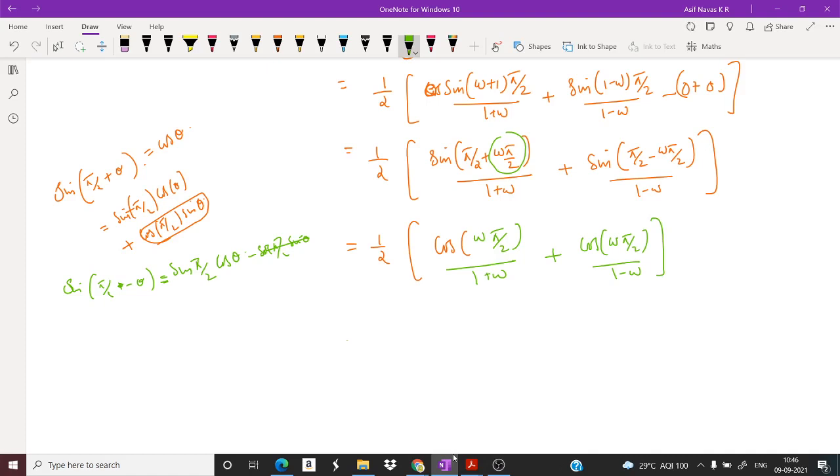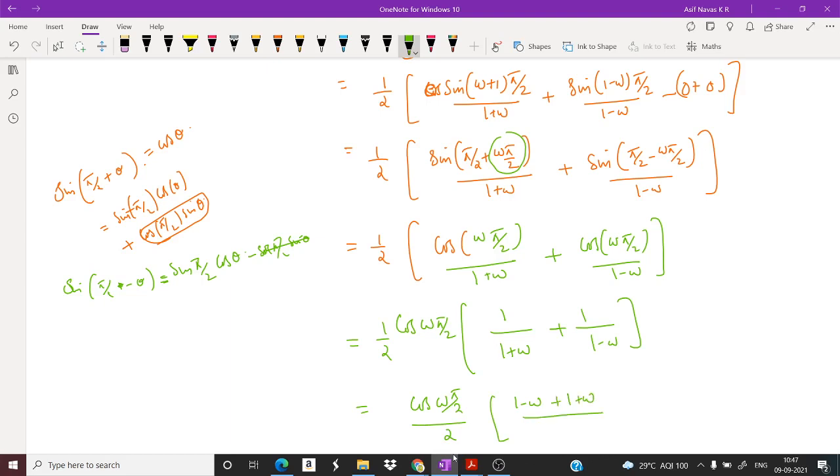So this is equal to, I can take cos omega pi by 2 outside, 1 by 2 times cos omega pi by 2 times 1 by 1 plus omega plus 1 by 1 minus omega. So I can cross multiply, therefore 1 minus omega plus 1 plus omega divided by 1 minus omega square.